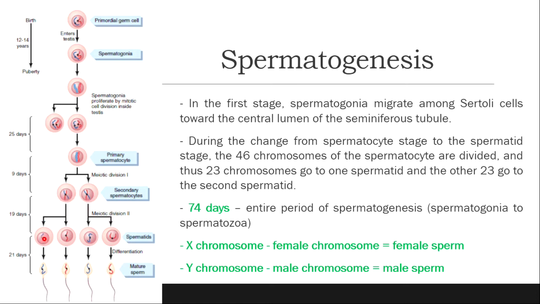So, yung 23 dun nagiging male sperm, yung 23 dun nagiging female sperm. So, the same siya dun sa kabilang daughter cell. So, yung 23 chromosomes nagiging male sperm, tapos yung isang daughter cell niya is nagiging female sperm. Okay? So, sa genetics kasi, pag sinabi nating XX, 'di ba, female. Pag dalawang X, female. Pag XY, that is your male.